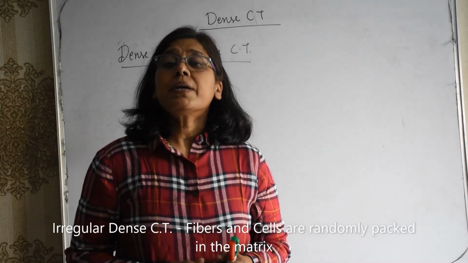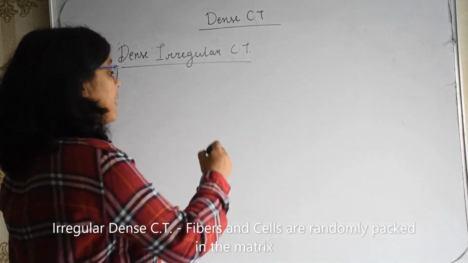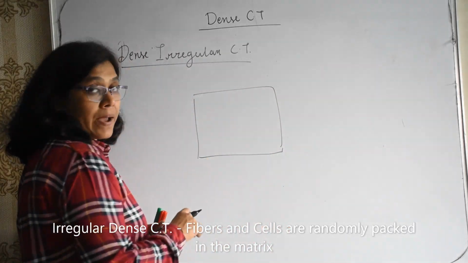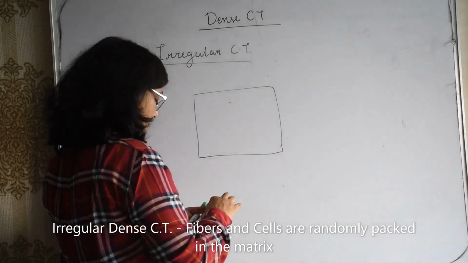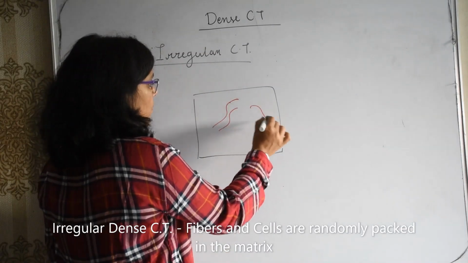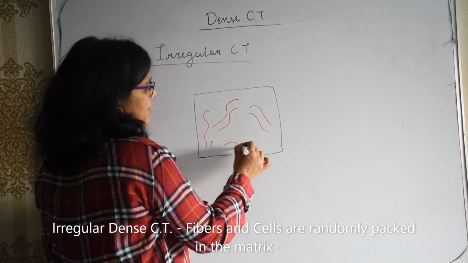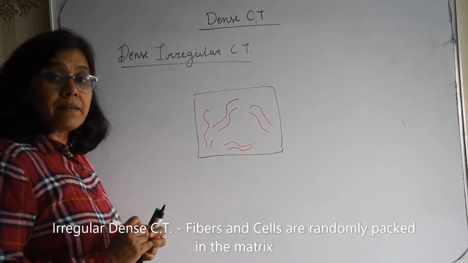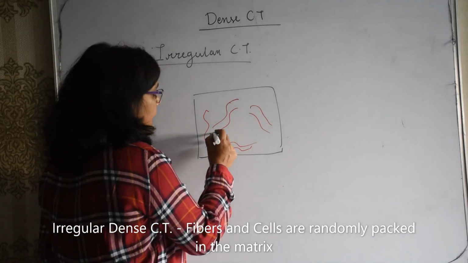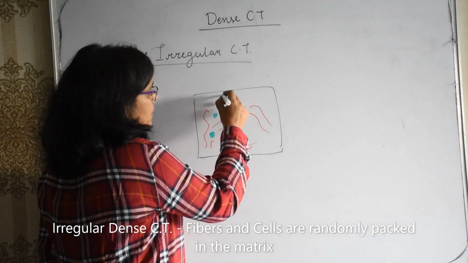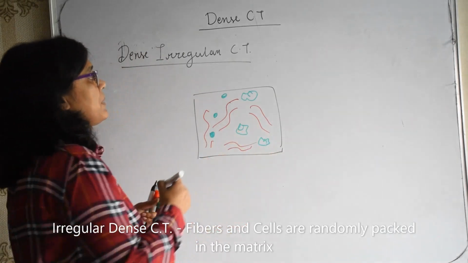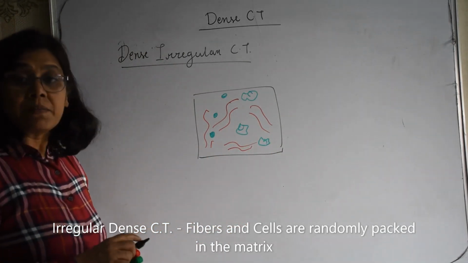In irregular connective tissue, the fibers and the cells are randomly arranged. They don't follow any definite pattern, and this type of tissue is present in the dermis of skin.